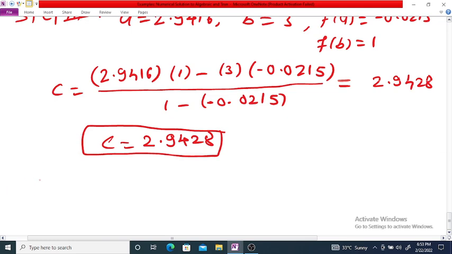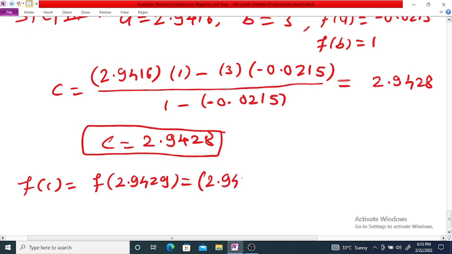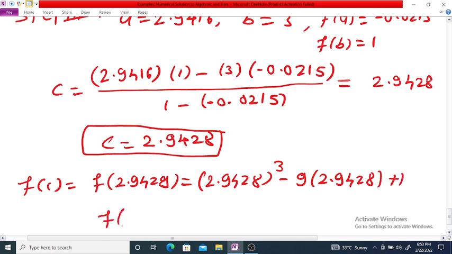Now if we take one more iteration, for that f of c is equal to f of 2.9428, which is x cube minus 9x plus 1 at 2.9428. So f of 2.9428 is equal to minus 0.0006, which again is less than 0.